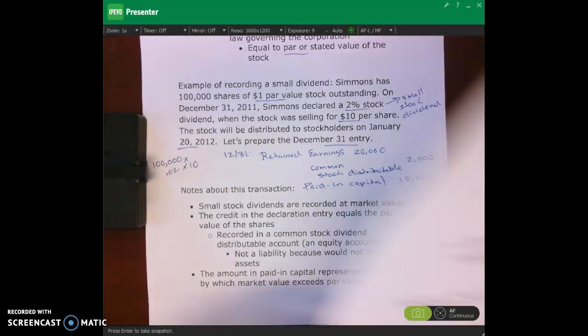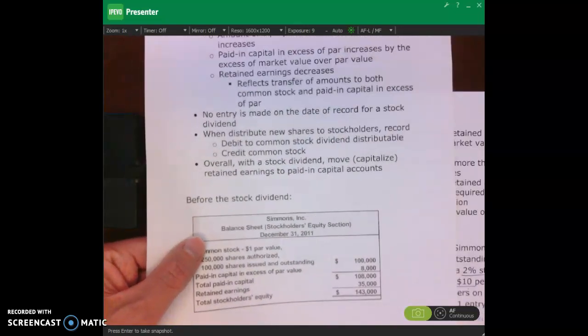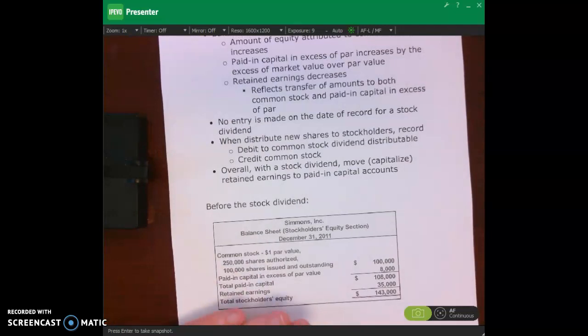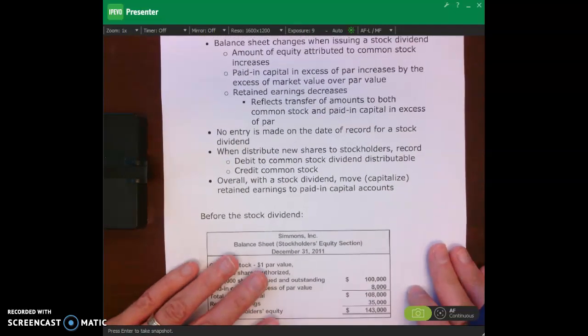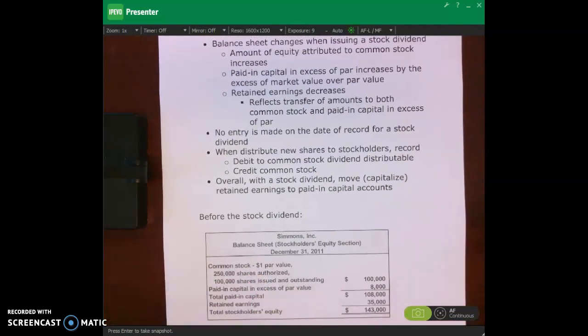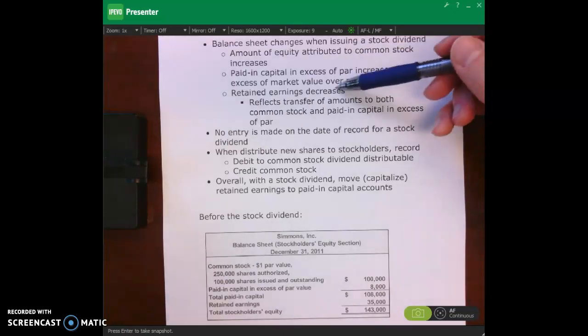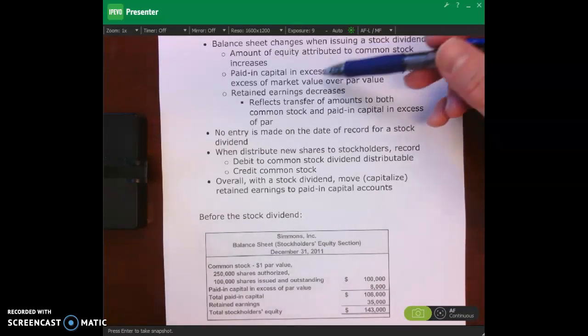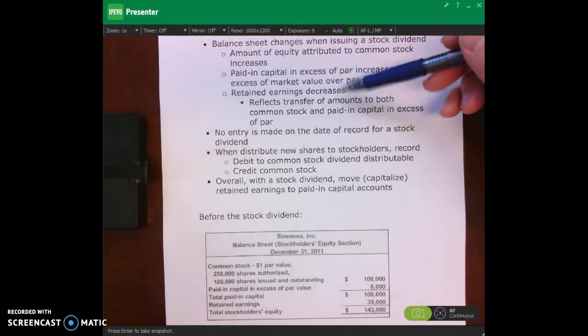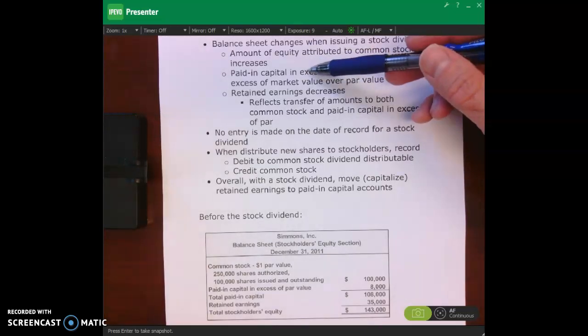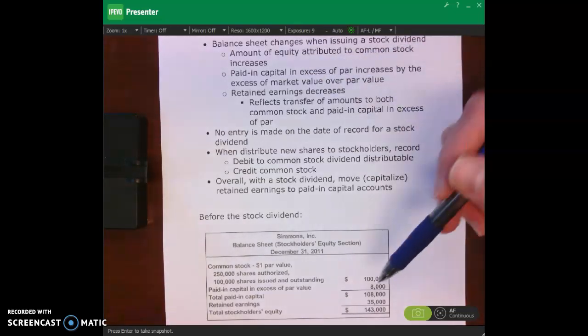So when we look at our balance sheet changes when we issue that stock dividend, and we talked about this a little bit already, but I'll go over it one more time. The amount of equity attributable to common stock increases, and retained earnings decreases. So I'm basically moving it out of retained earnings into paid-in capital and our common stock.